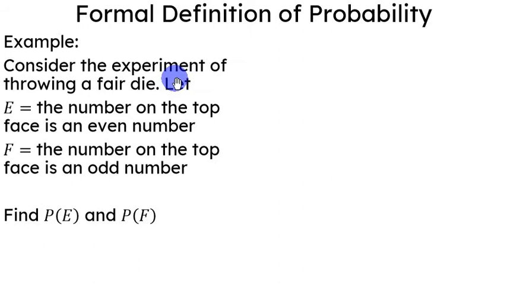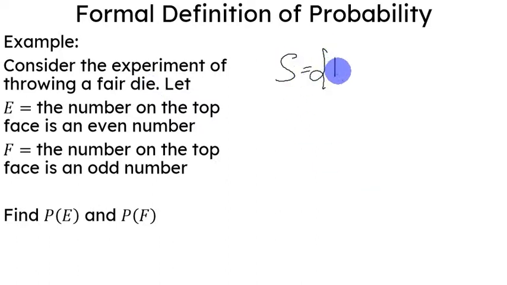So let's have this example. Consider the experiment of throwing a fair die. Let event E be the number on the top face is an even number, and event F be the number on the top face is an odd number. We are asked to find the probability of event E and the probability of event F. First, let's look at the sample space of throwing a fair die.